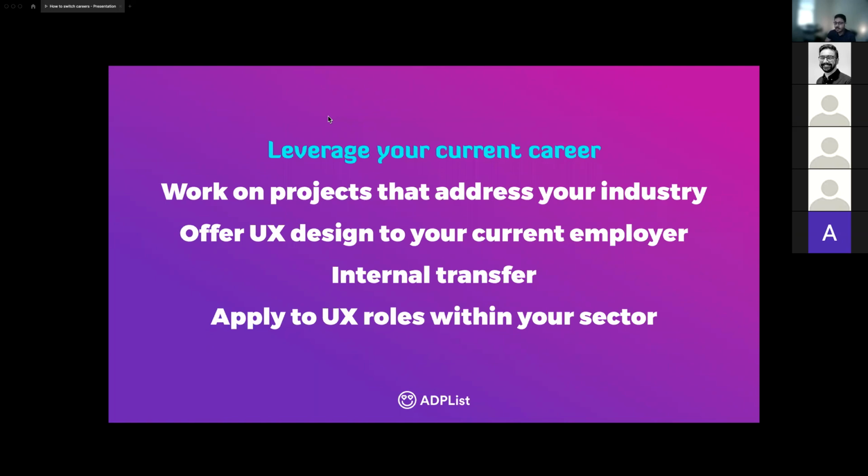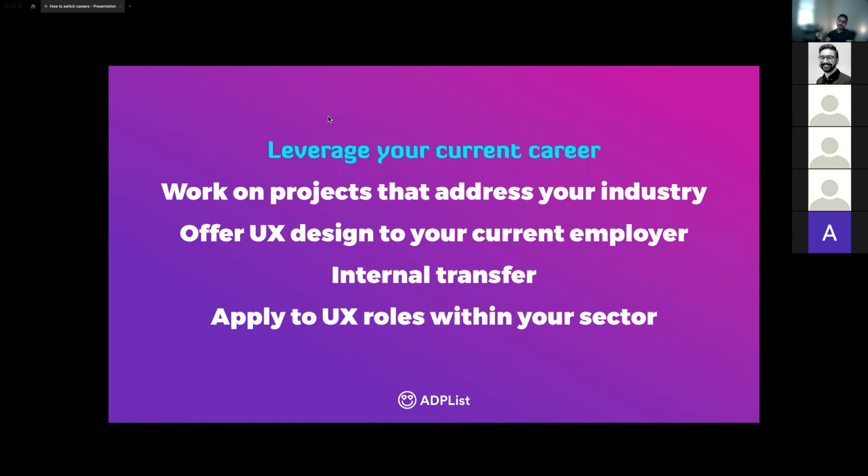And so although it might feel like you're starting over, you're actually starting with a step up, because you have industry experience with a particular sector in UX that an art student might not have that same level of expertise.